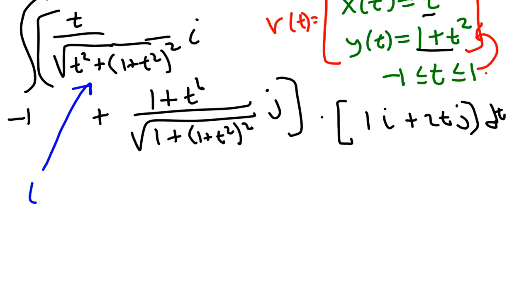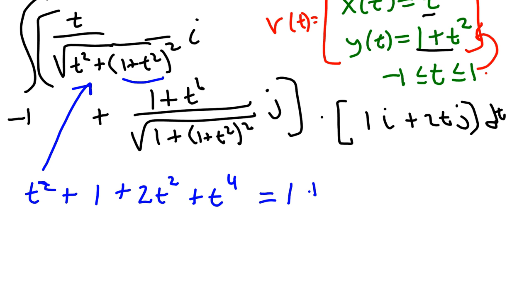Let's do that. So you have t squared plus, and then if we square 1 plus t squared, we get 1 plus 2t squared plus t to the fourth. So this becomes the expression 1 plus 3t squared plus t to the fourth. So we'll just keep that in mind. Let's multiply now.